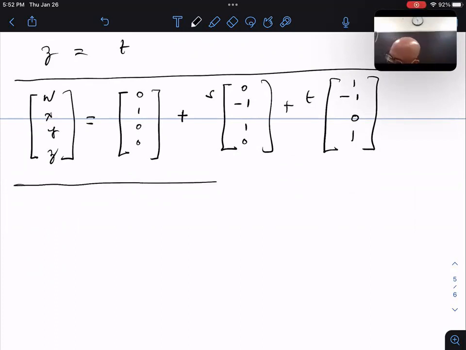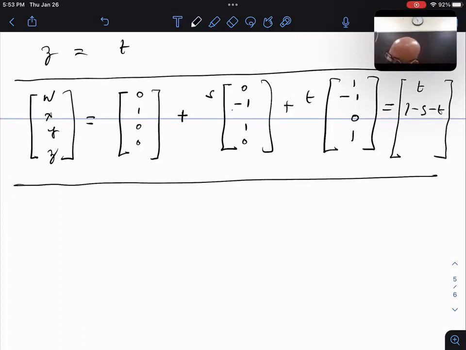So that means this is equal to, let me write this down, T, 1 minus S minus T, 1 minus S minus T. Oh, S, yeah.